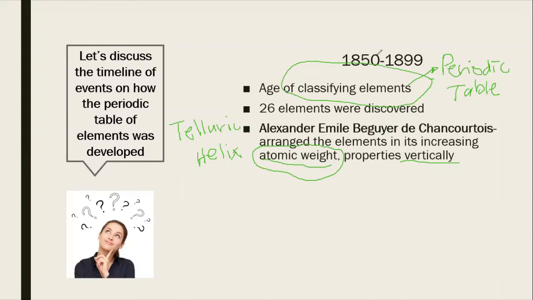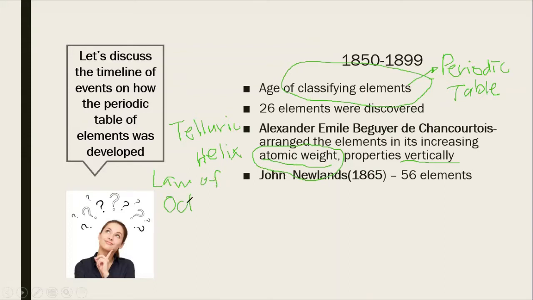Okay, so aside from de Chancourtois, we also have another one. So we have John Newlands. Si John Newlands, he was able to classify these 56 elements in accordance to his law of octaves. Pag sinabi nating octaves, octaves means 8.